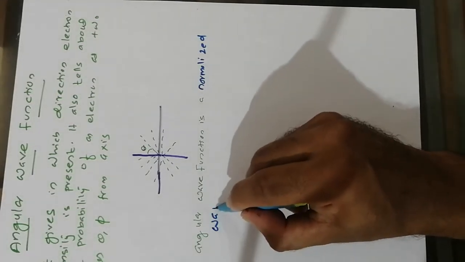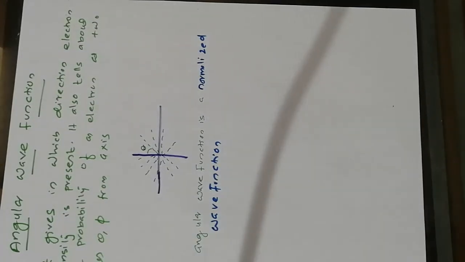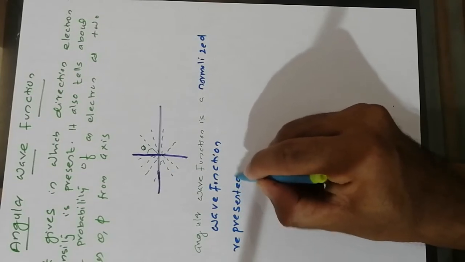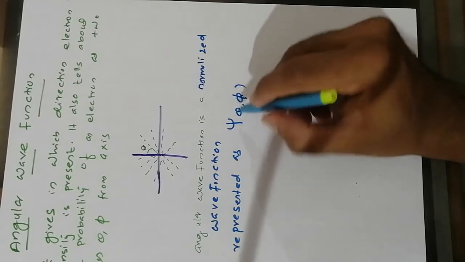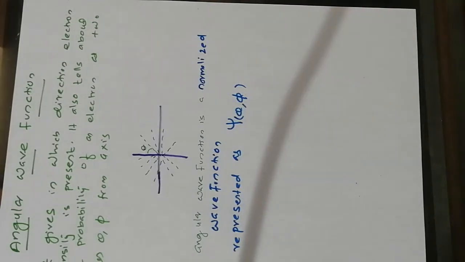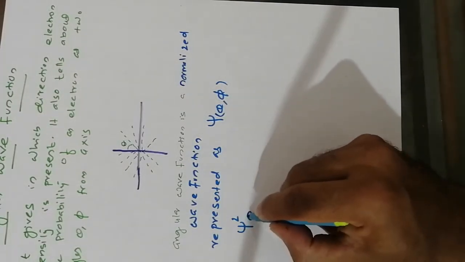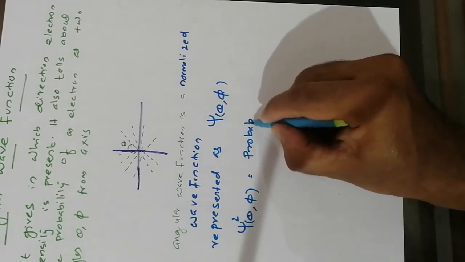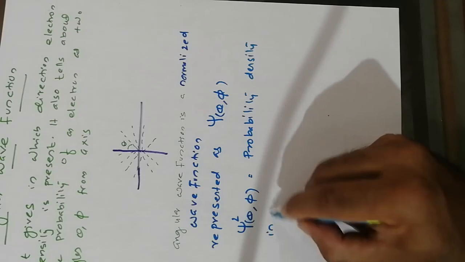We have already discussed what a normalized function is and how to calculate it. The angular part of the wave function is represented as psi(theta, phi), where its square, psi squared(theta, phi), is the probability density in two angles.